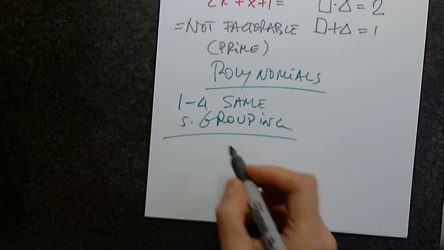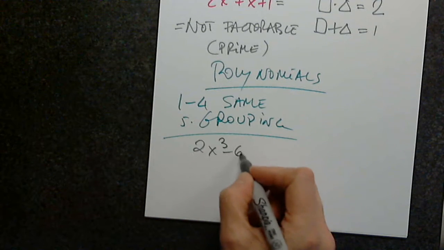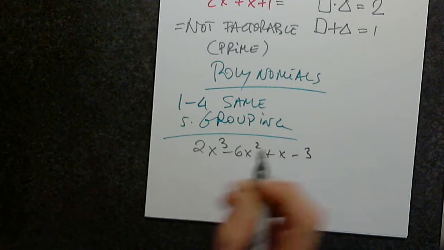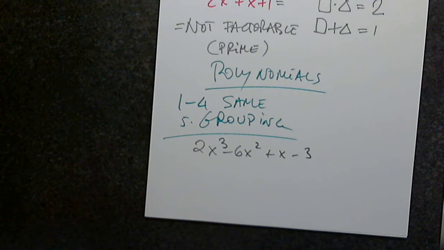Okay, so let's look at C at the top. 2x cubed minus 6x squared plus x minus 3. Ready? Okay, so it's in descending order and it's a polynomial. Greatest common factor to all 4? No. Negative leading coefficient? No. Grouping?